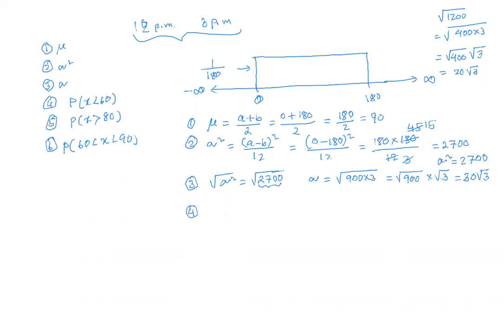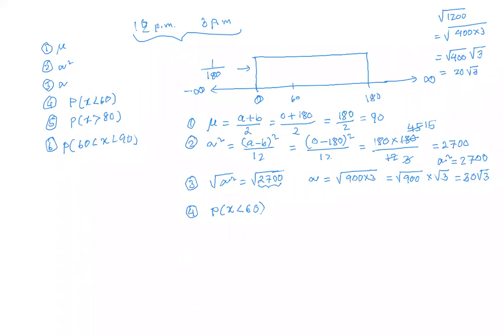Number 4. What is the probability that one has to wait less than 60 minutes? So again, 60 is somewhere here, right?